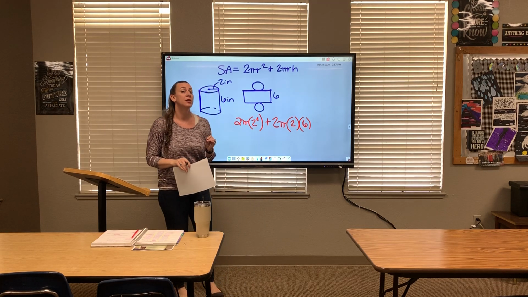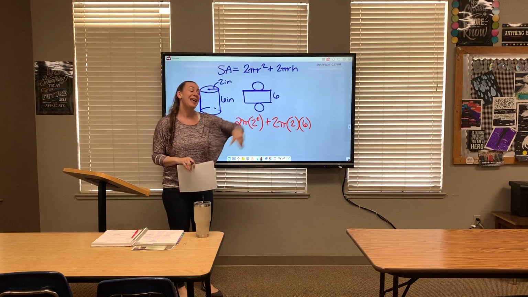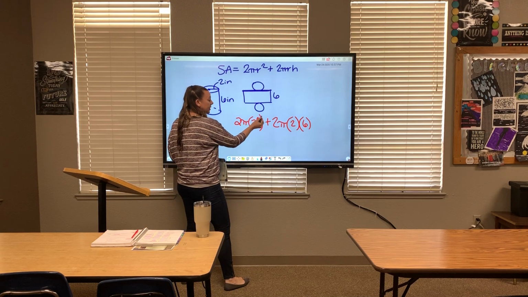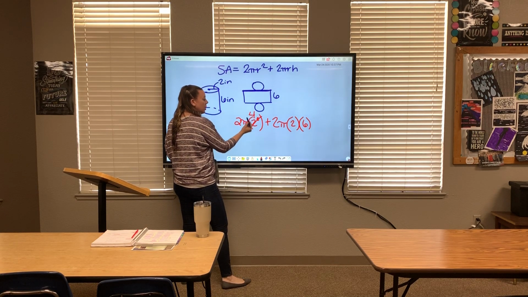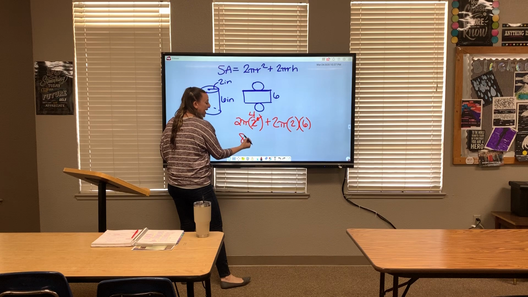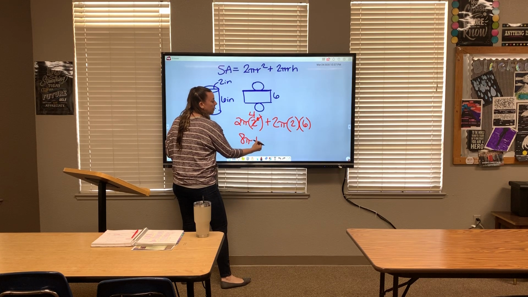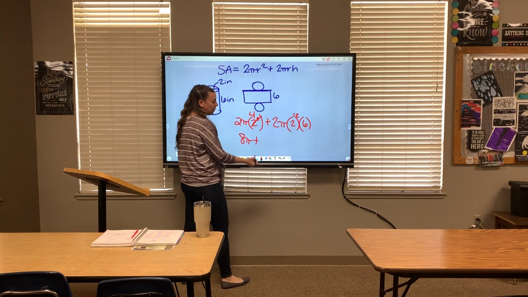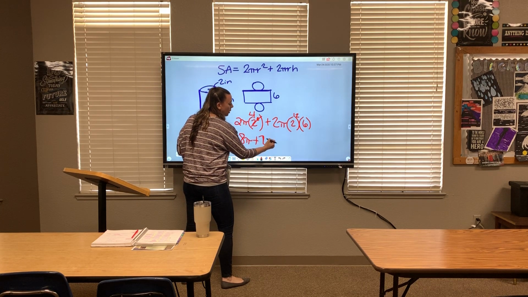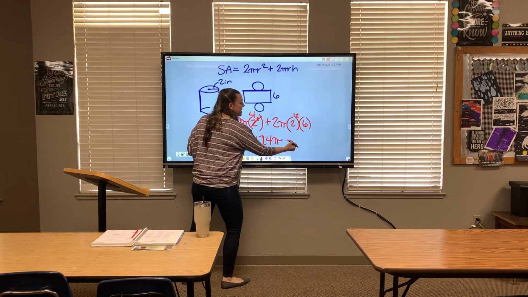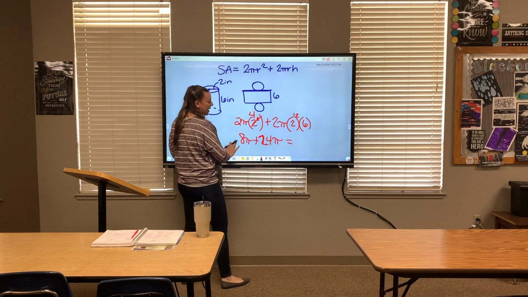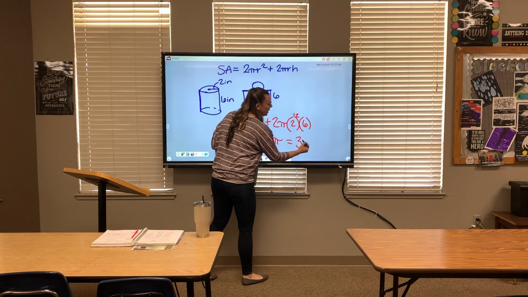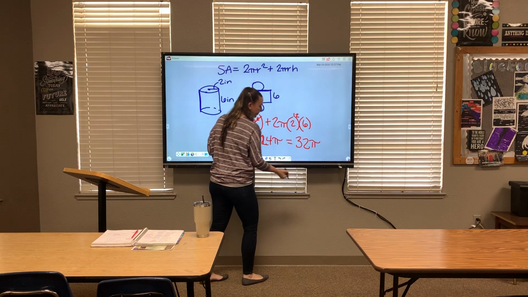It's going to be a lot easier when you get to the end, okay? So let's go. 2 times 2 is 4. So 2 times 4 is going to be 8 pi plus 2 times 6 is 12. We still have to multiply another 2. So I'm going to get 24 pi. Now combine it all. 8 plus 24, I get 32 pi.